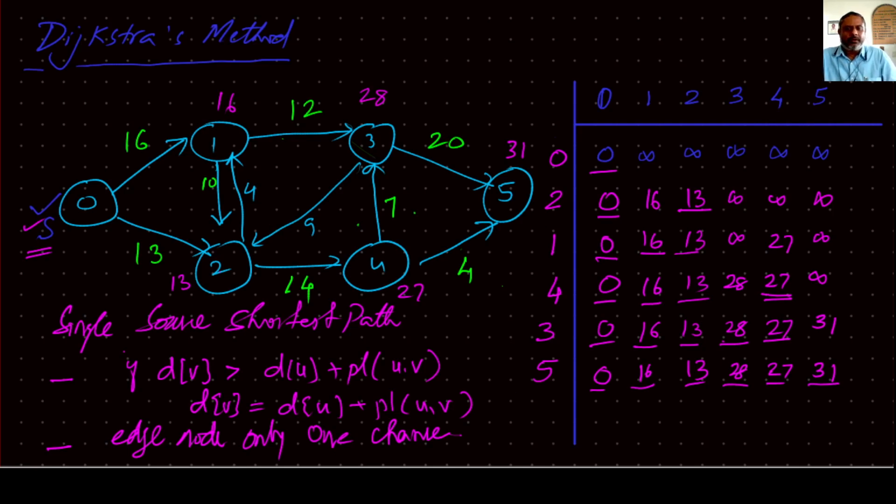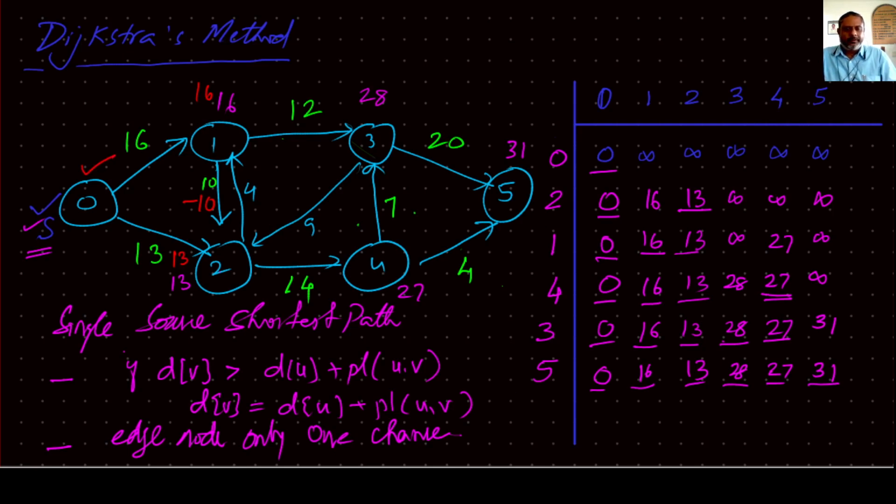Let's see what could happen. Just as an example, instead of plus 10, let's use minus 10 here. So what we did, from 0 we started, so we go to this 16, we go to this 13, then 16, 13, we find minimum is 13, so this is done.